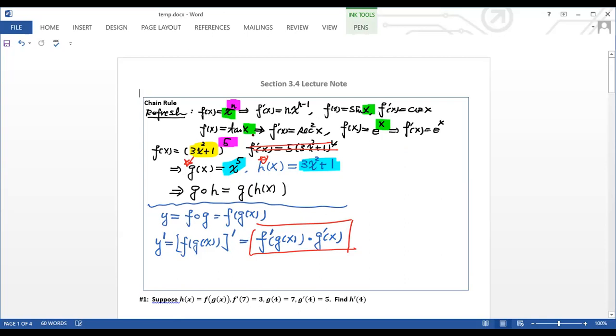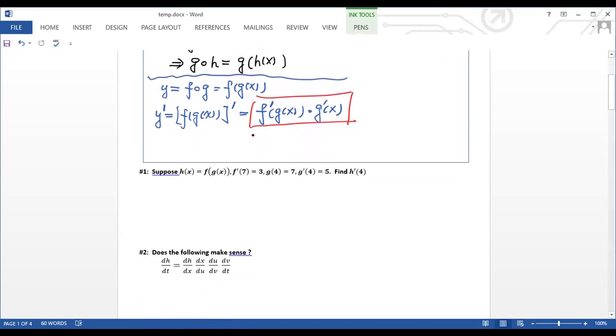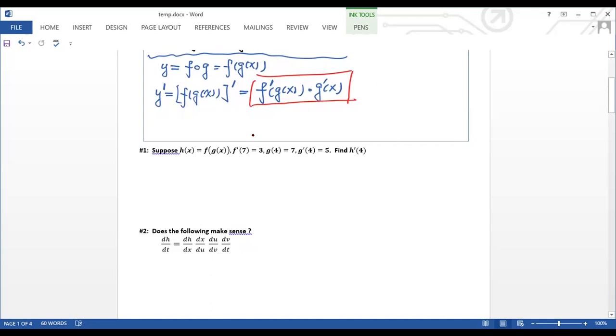We're going to do several examples, and I'm going to show you what I mean by peeling the onion: what is the first layer, what is the next layer. Now let's take a look at some very basic ones. Let's say h of x equals f of g of x, so that means f composed with g.